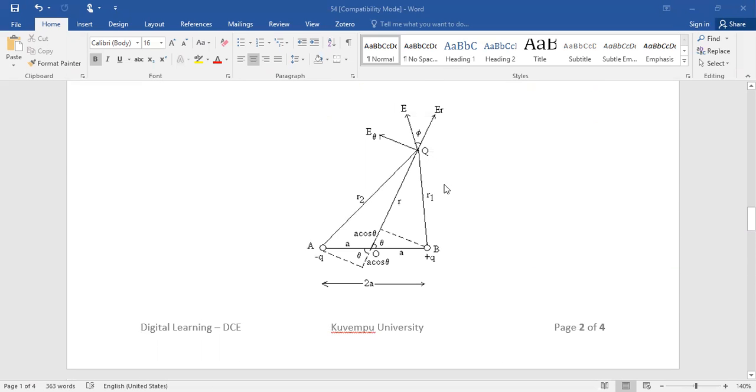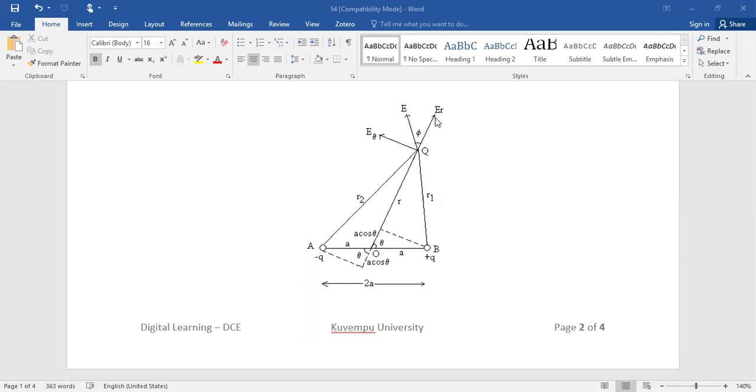Let us go back to the figure. Here, ER is in radial direction. And E theta is perpendicular to this radial direction, the transverse component of the electric field. The sum of these two components gives the net electric field. You may imagine a parallelogram here, by taking E theta and ER as adjacent sides.